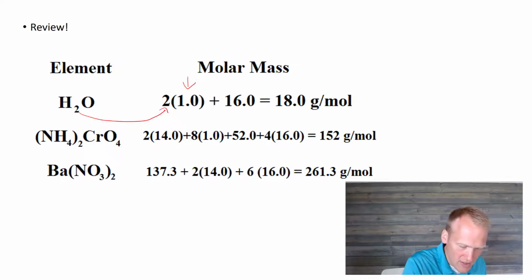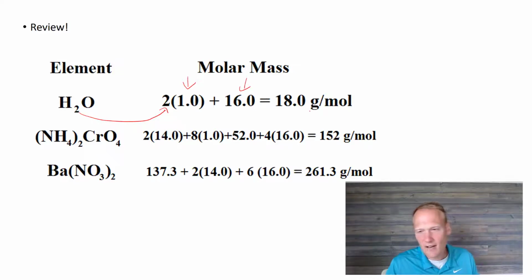And then we have 1 oxygen, which is 16. We'd add it all up, and that would tell us the total mass, or what we call the molar mass, which we'll get to when we get to moles. Right now we're calling it formula weight, which is fine. It'd be 18 grams per mole, or we call the formula weight 18 grams. So that's how you calculate the whole part.